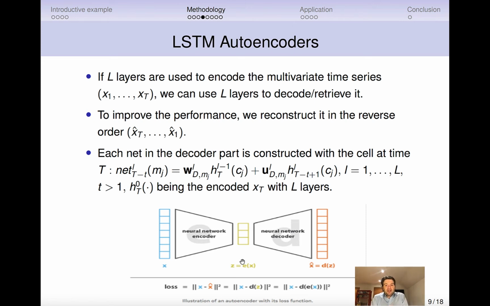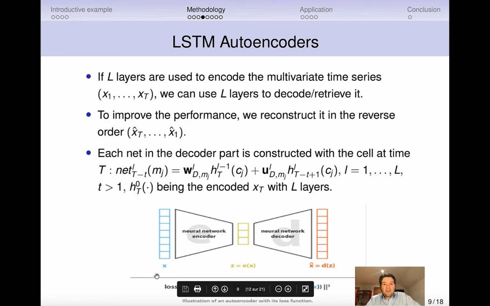Therefore this hidden space will contain the main features of normal motors. And then, thanks to a decoder, we are going to take those encoded data and decode them. And here we have the decoded data.